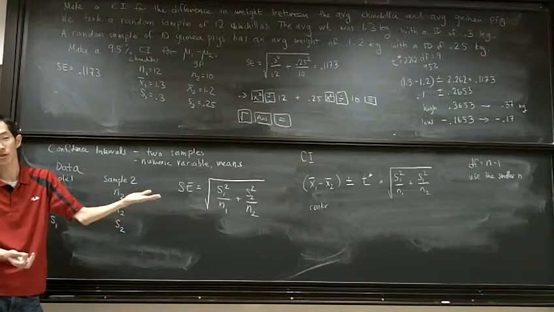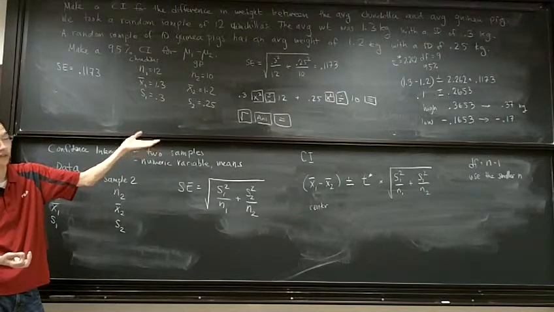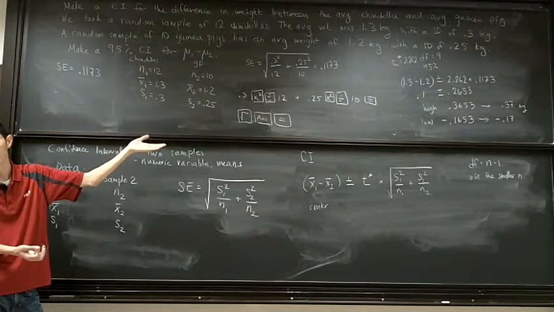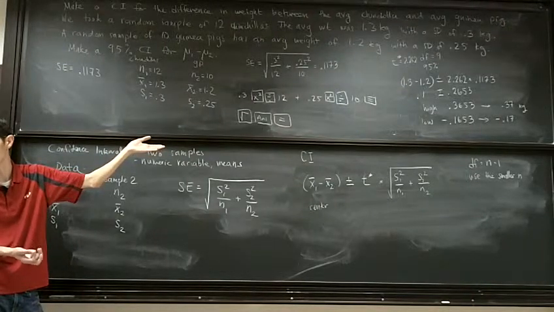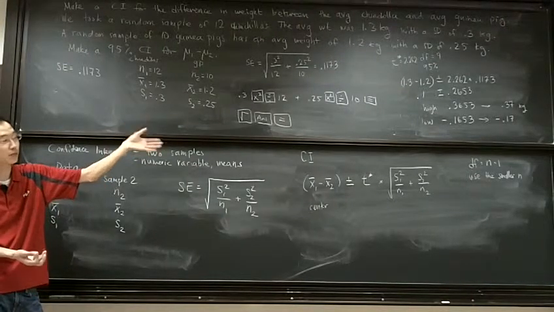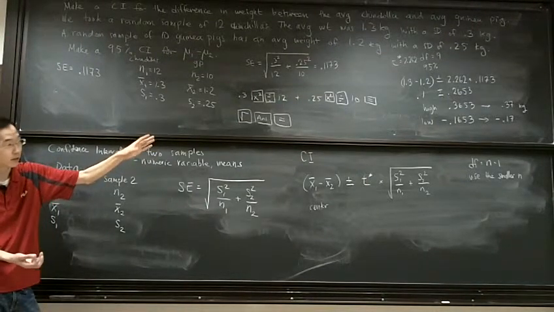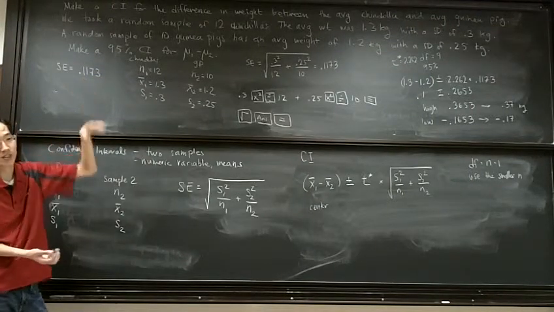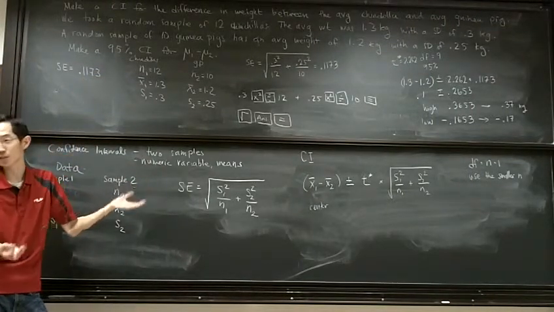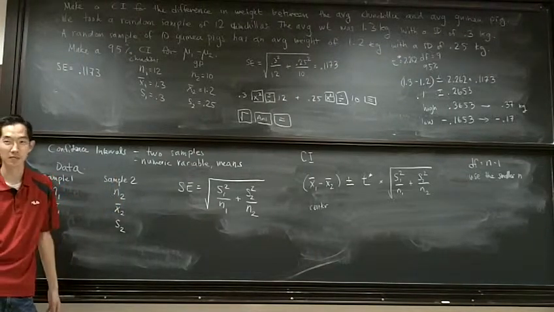No, we don't, because it's very well possible that the difference between the average chinchilla and the average guinea pig is 0 kilograms. Does that prove that they weigh the same? No, it's just, I looked at 12 chinchillas and 10 guinea pigs. That's not enough evidence for me to make a decision about the difference between chinchillas and guinea pigs.